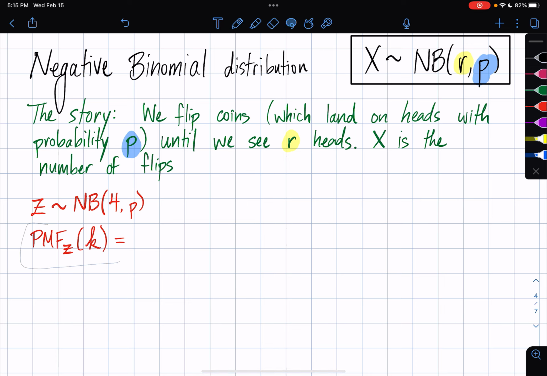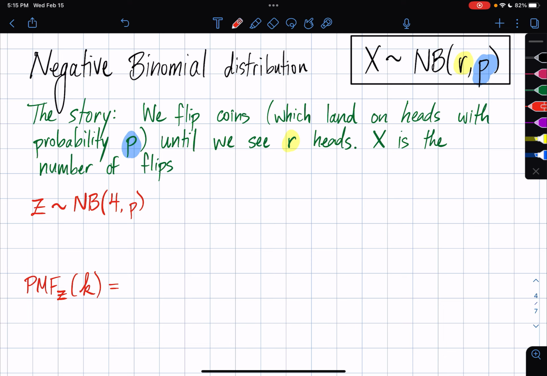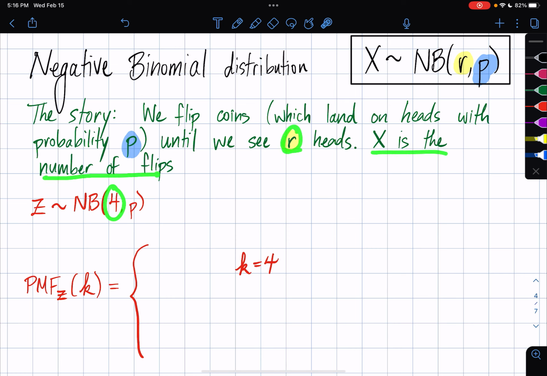Okay, so what does this look like? Well, let's try and figure it out. Starting off here, the smallest thing that Z could be is 4. Why is 4 the smallest thing that Z could be? Well, if we want to get 4 heads, then we're going to need at least 4 flips to do it.